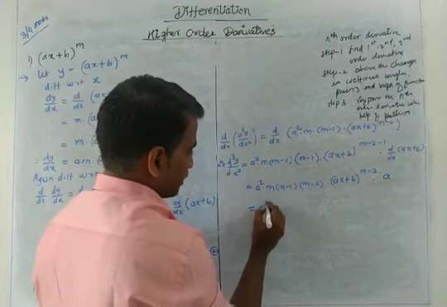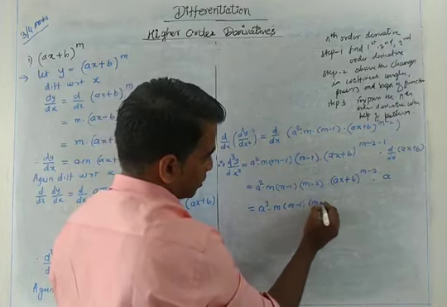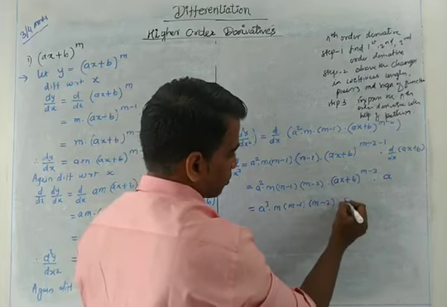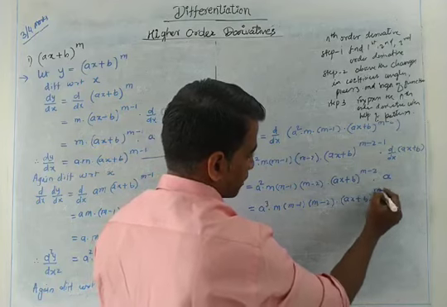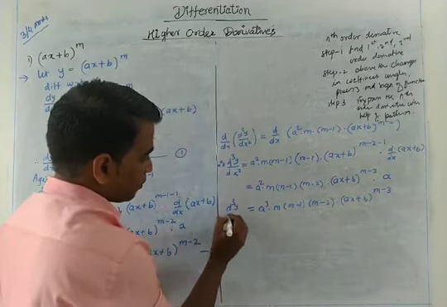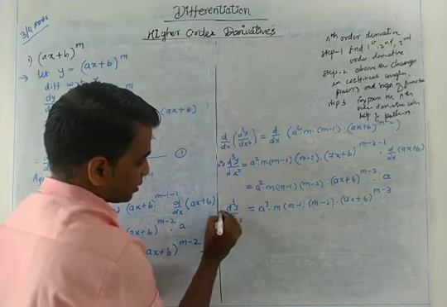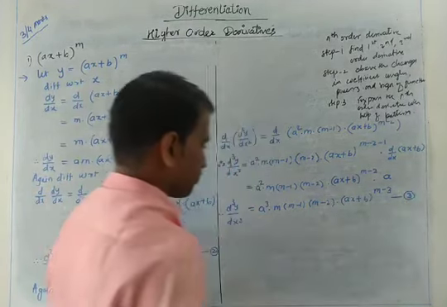So we will get a cube m into m minus 1 into m minus 2 into (ax + b) raised to m minus 3. This is the value of d cube y upon dx cube, equation number 3.